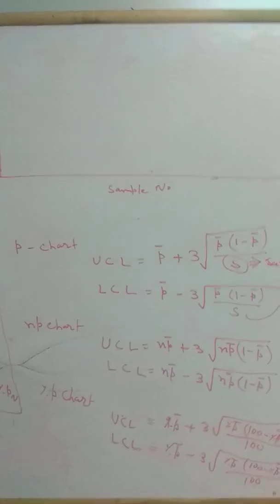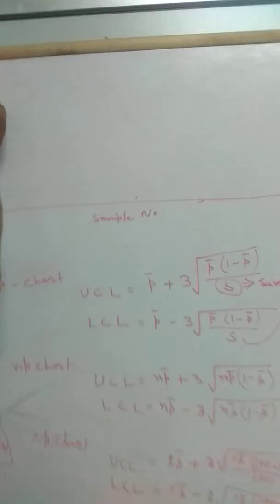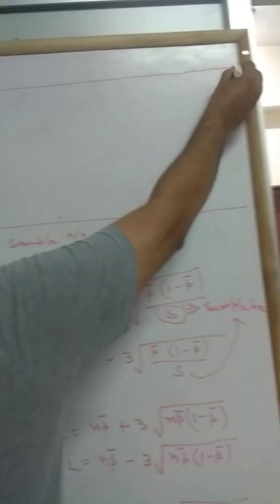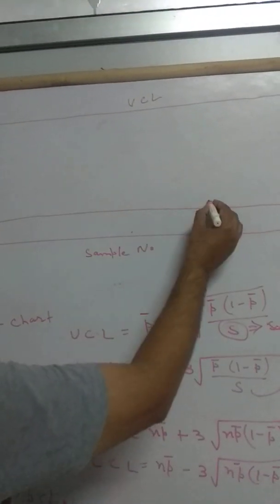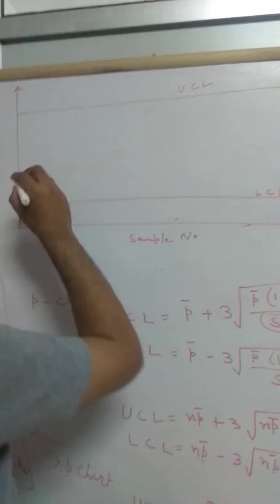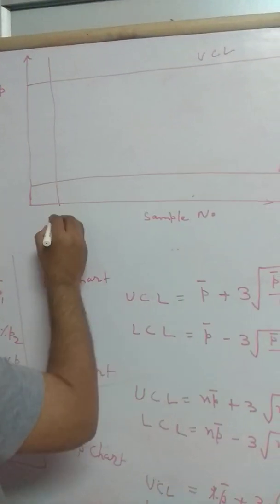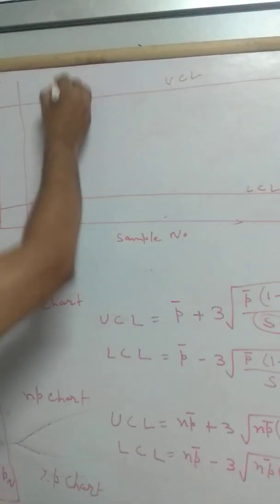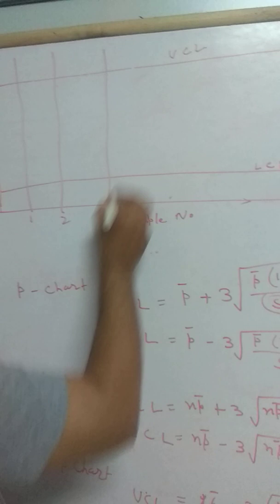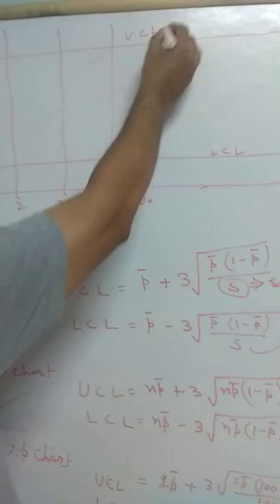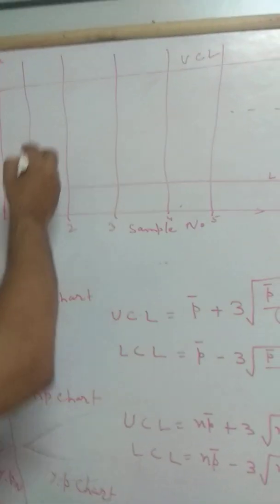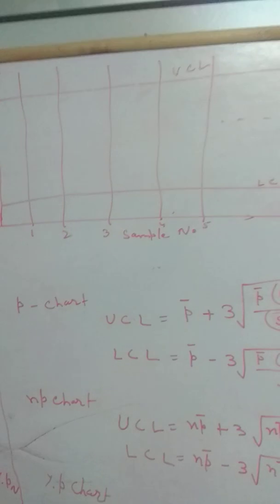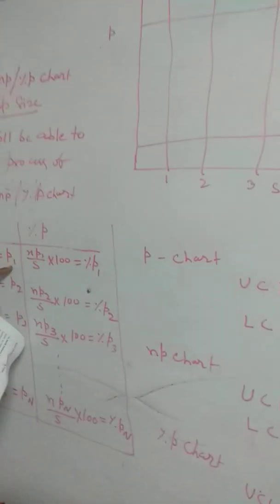Okay, and again we will first draw the UCL and LCL lines, and for each sample 1, 2, 3, 4, 5 up to n, we will put the value of P, that is P1 for the first sample.